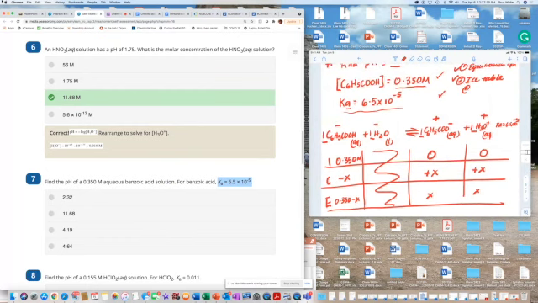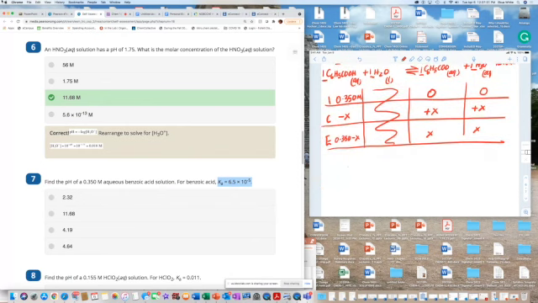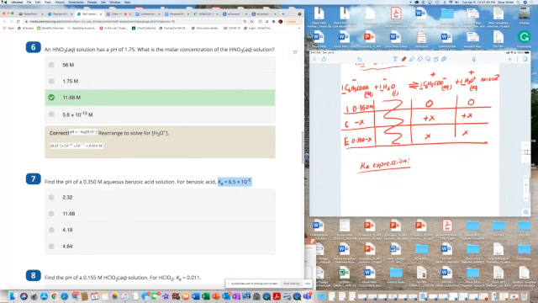After I'm done with my ice table, I know what comes next. Ice table means, part A, you have to have the K expression, and then part B, solve for x. So what's my Ka expression? This comes from the balanced equation. Ka is equal to C6H5COO minus times H3O plus over C6H5COOH.